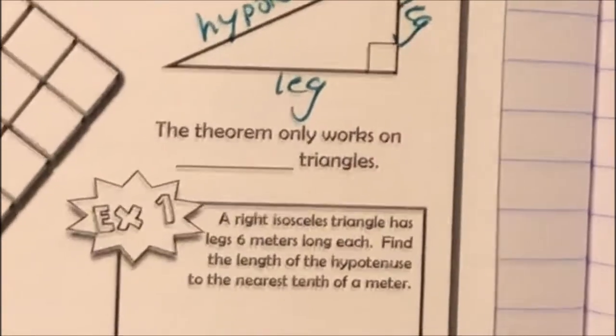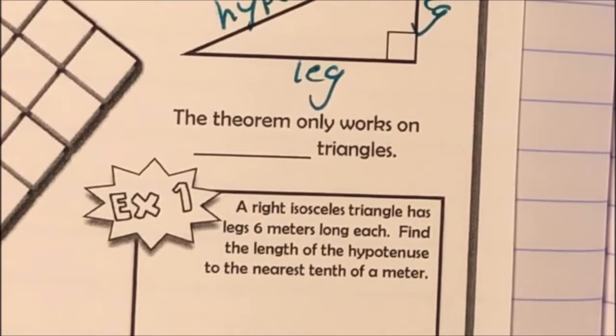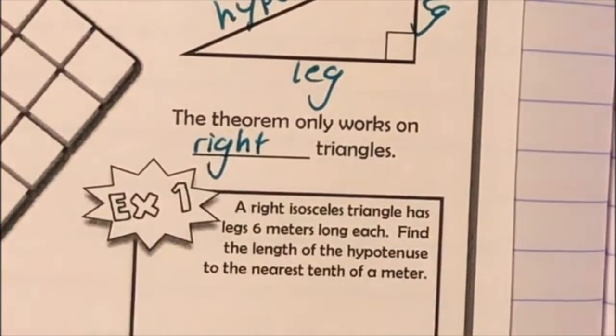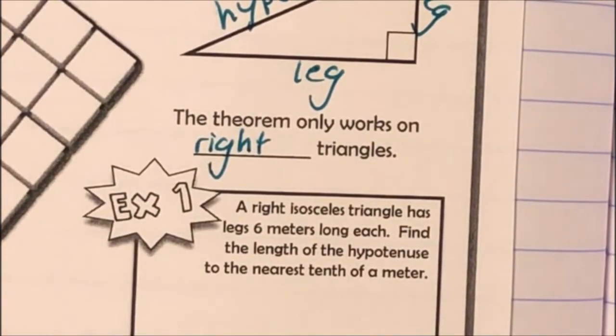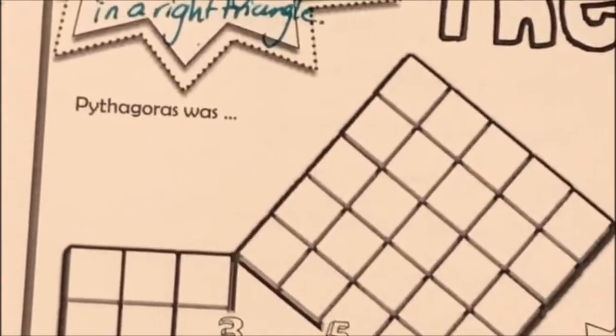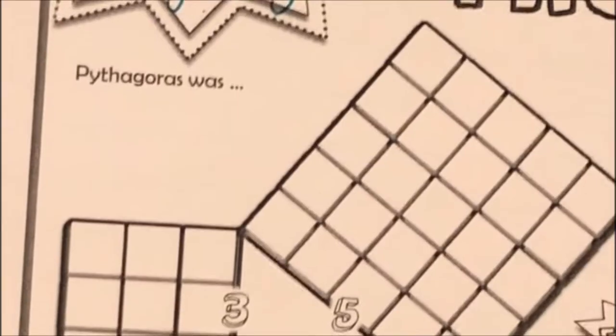So again, the theorem only works on right triangles. Okay? So, the reason it's called Pythagorean theorem is actually it's named for a mathematician named Pythagoras.